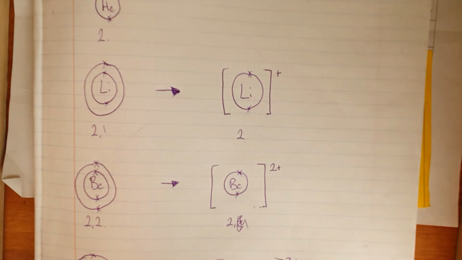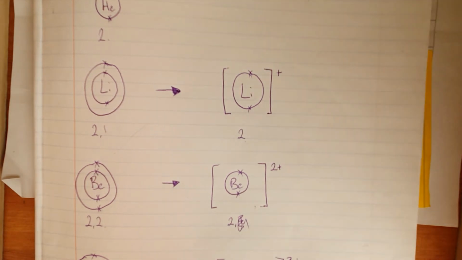So what could lithium give that electron away to? Or what could fluorine gain an electron from? That's right, lithium will lose 1 electron and it could give it to fluorine. So the lithium and fluorine would react. They'd react to form an ionic bond. So we're going to draw that ionic bond now.